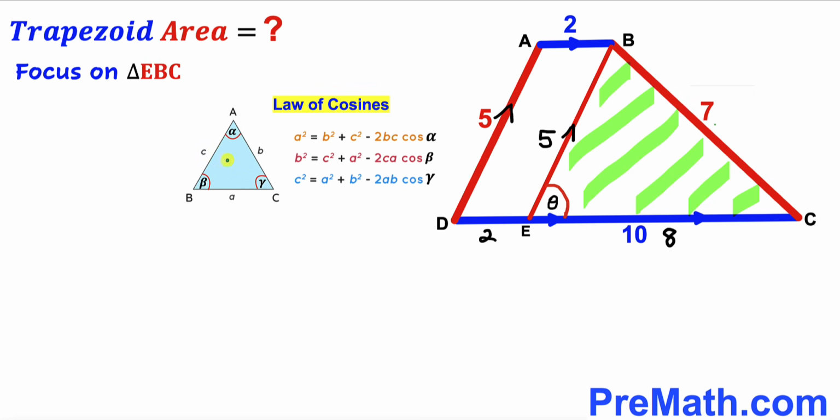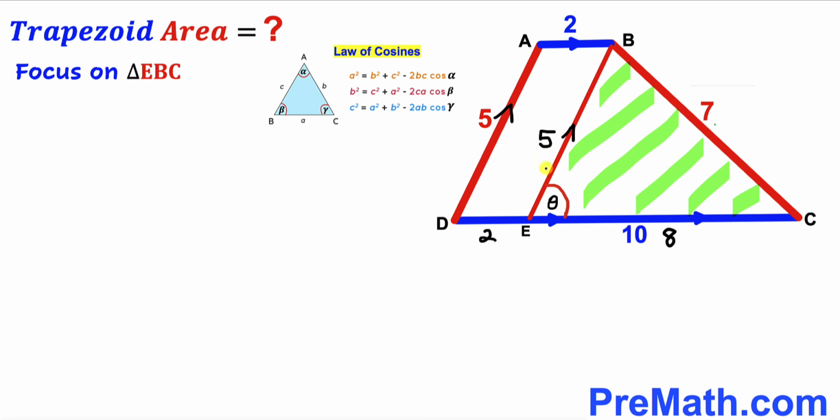For a triangle ABC with angles alpha, beta and gamma and respective side lengths lowercase a, b and c, we have these three laws of cosines. Here our side lengths are 5, 7 and 8, and our angle is theta, so we are going to apply the law of cosines on triangle EBC.